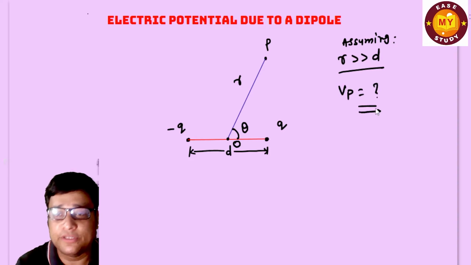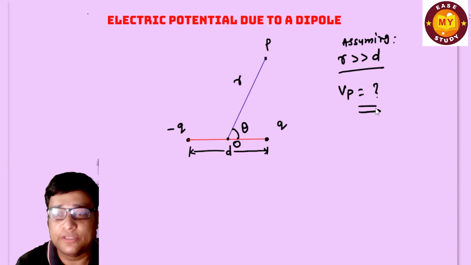Now we have to take the components also. What I am going to do is join point P to the minus Q charge and also to the plus Q charge. Fine.